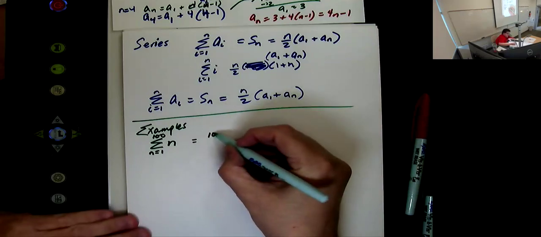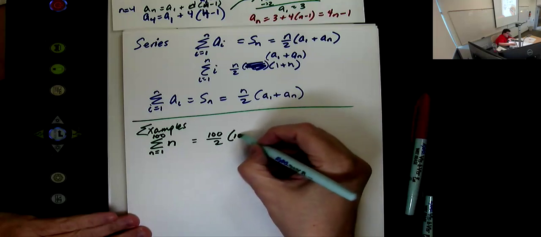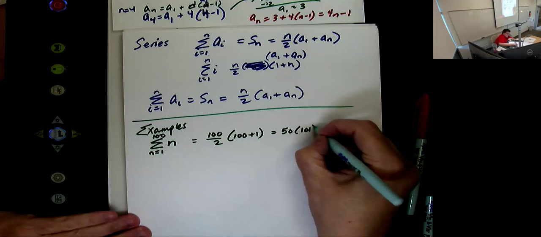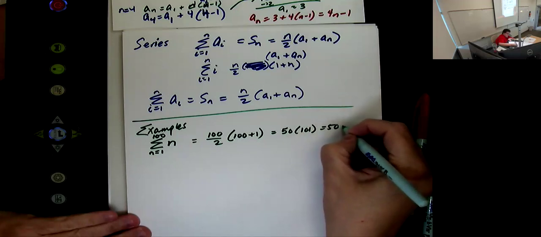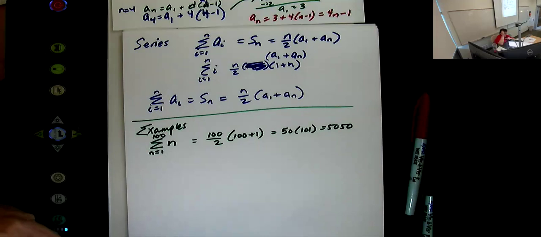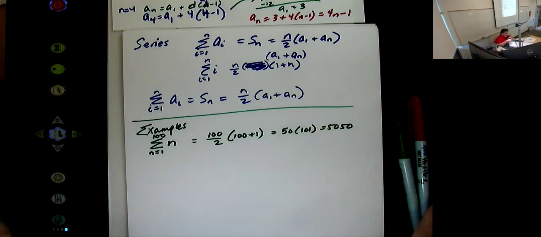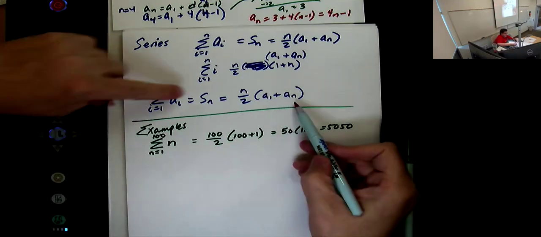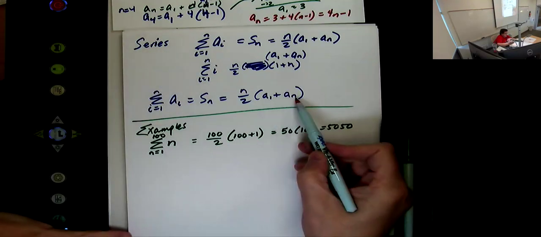This is 100 over 2 times 100 plus 1, which is 50 times 101, which is 5,050. Now the total value of adding 1 to 100, 1 plus 2 plus 3 plus 4 plus 5 all the way up to 100, that's a quick shorthand notation for it. Right, so we're just plugging n into this formula, a sub 1 and a sub n.